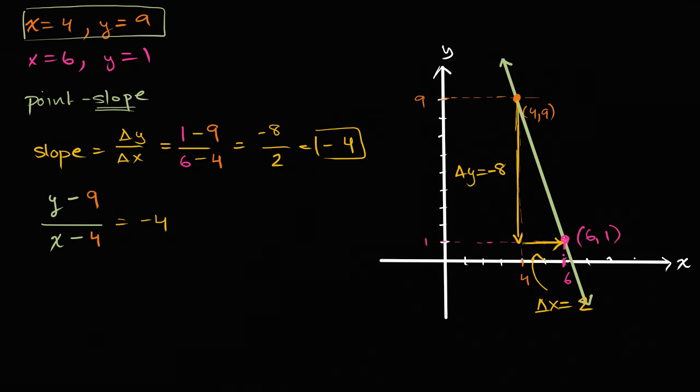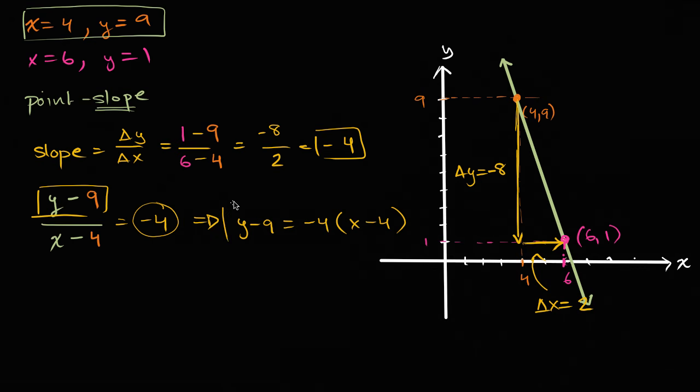And we're not in classic point-slope form just yet. To do that, we just multiply both sides times x minus 4. So we get y minus 9 is equal to our slope, negative 4, times x minus 4.